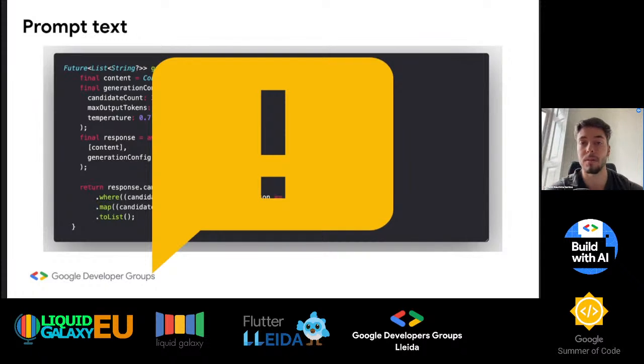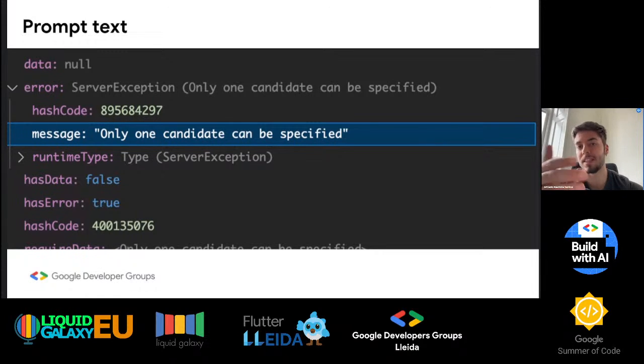If you want more responses, you have to ask the model again. Keep in mind that this is going to be available in some time, but not yet. This is the error that you will have if you generate more than one candidate: you will get this server exception, only one candidate can be specified.